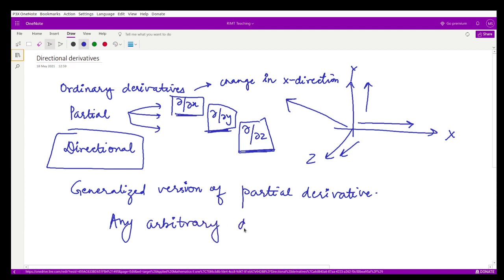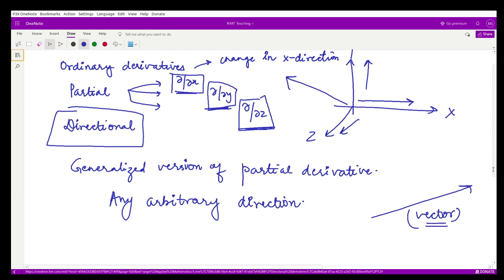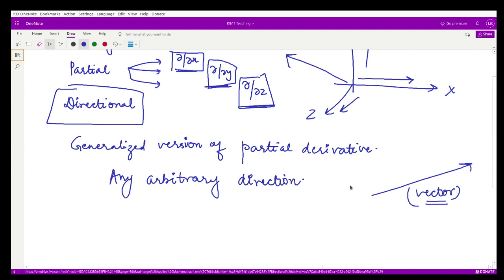direction. So suppose I tell you, you go along this direction, so obviously this would represent some vector. So I ask you to find out the change according to the direction given by this vector. What you can do is calculate the direction of this vector, and then take the component of that change in the direction of this vector.